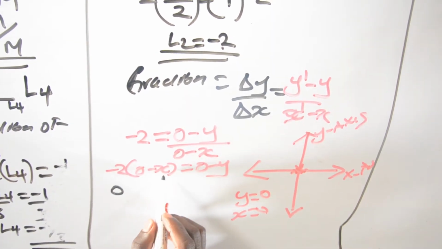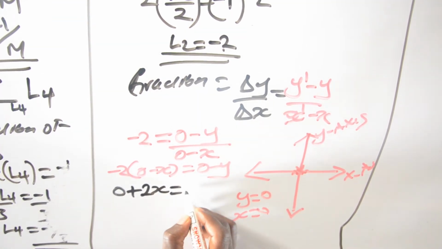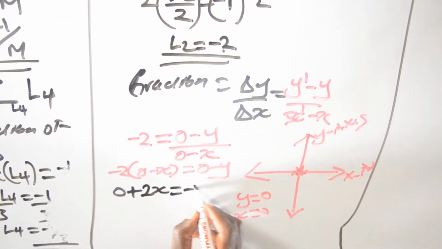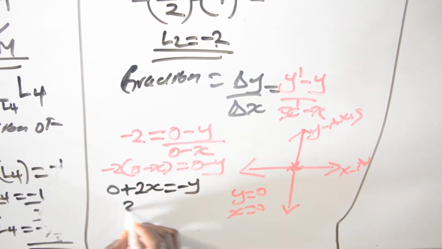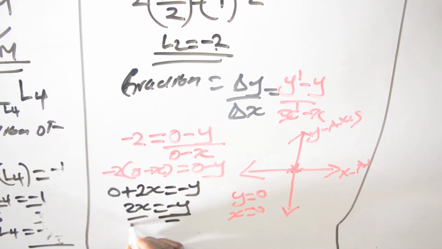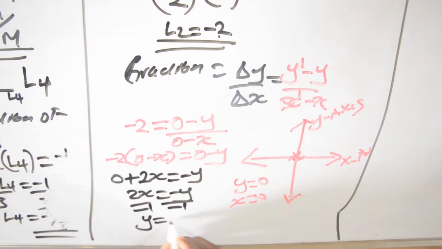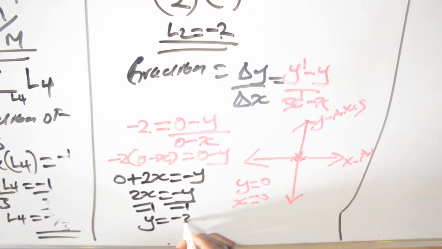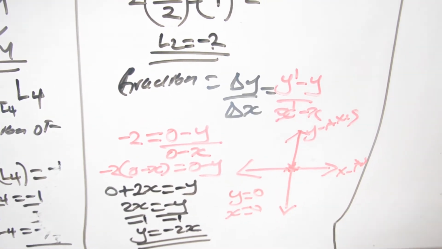Negative 2 times negative x is going to give you a positive, positive 2x. This is equal to 0 minus y, which gives you minus y. So 2x is equal to minus y. So you divide both sides by minus 1. So y is equal to negative 2x. This is the equation of that perpendicular line.